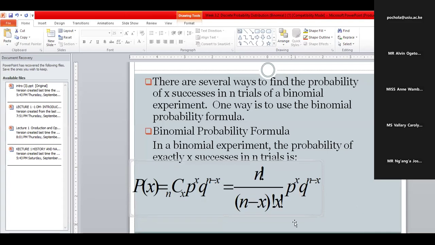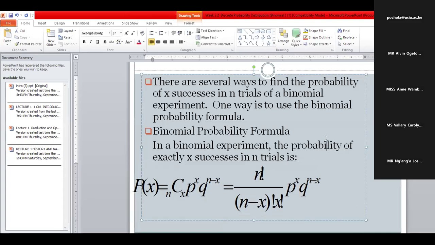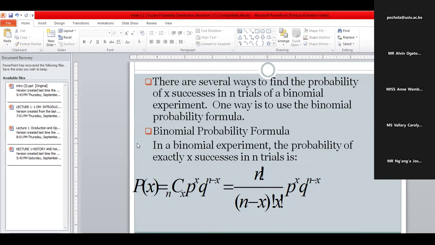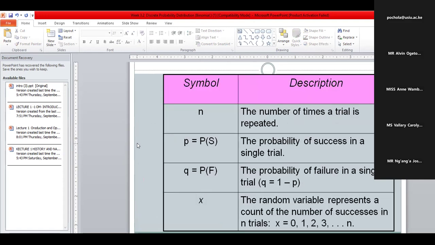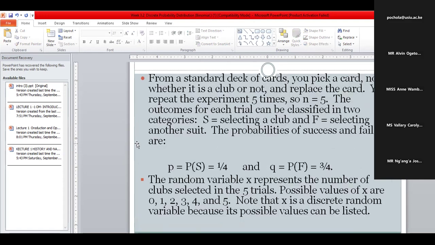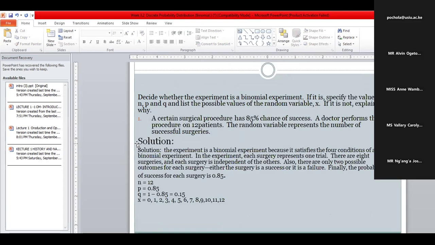This is the binomial distribution, and the probability distribution I want to develop. The surgical procedure was this one. So you want a probability distribution that governs this surgery.